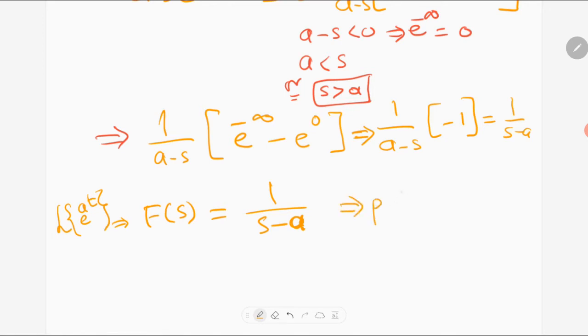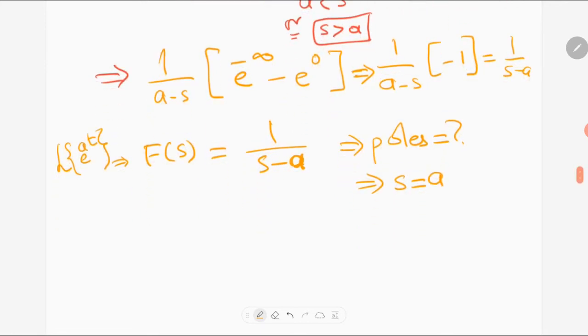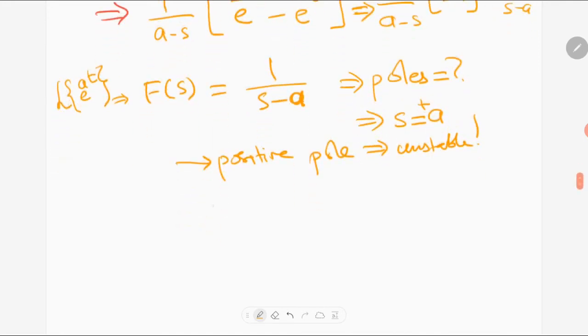Here we can see that the pole of this specific thing is s equal to a, right? So we have a real pole, a positive pole. So in control engineering, a positive pole means that the system is unstable. So why is it unstable?